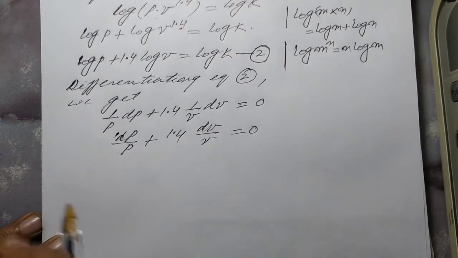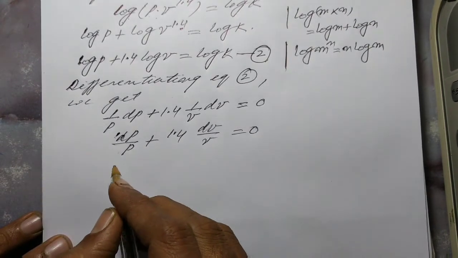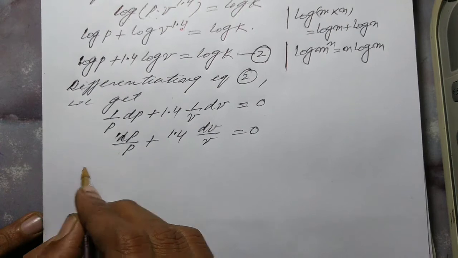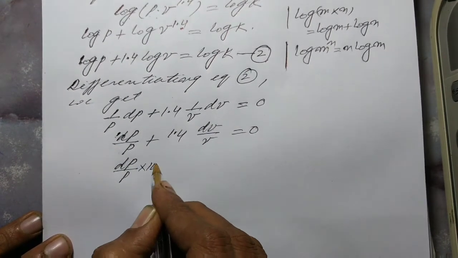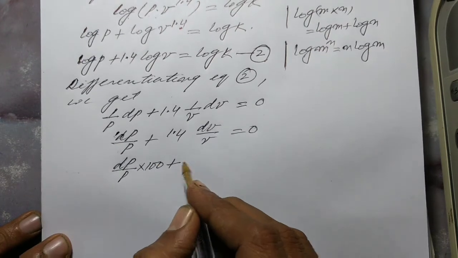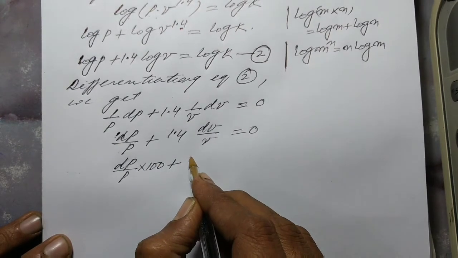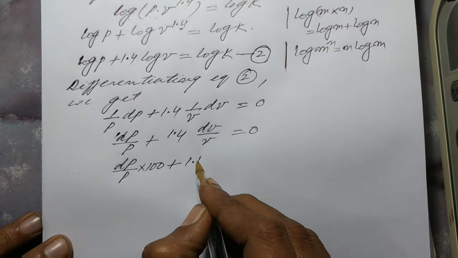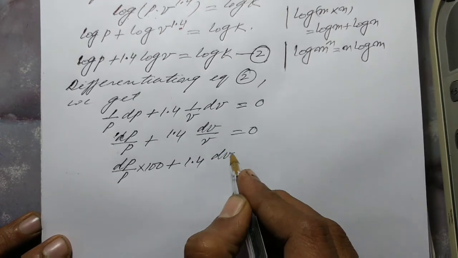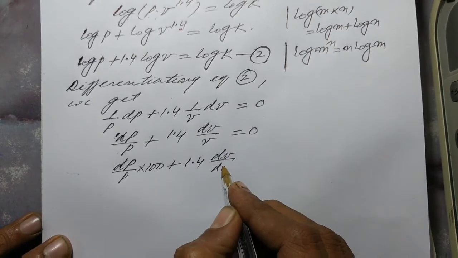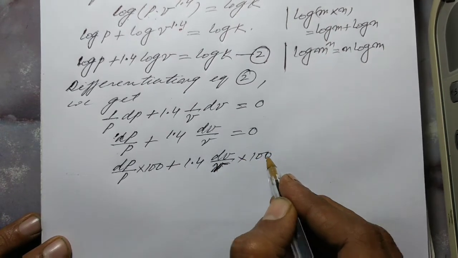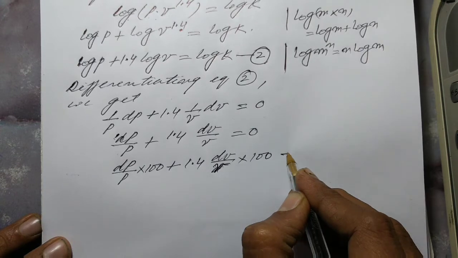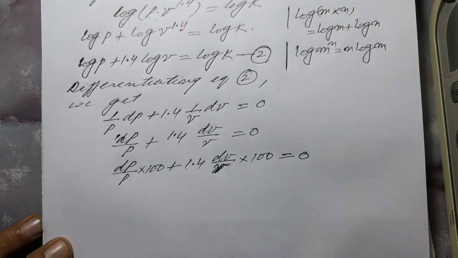Now multiplying the whole equation by 100, we get dP upon P multiplied by 100 plus 1.4 dV upon V multiplied by 100 is equal to 0.